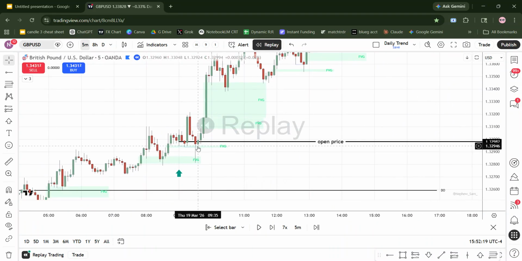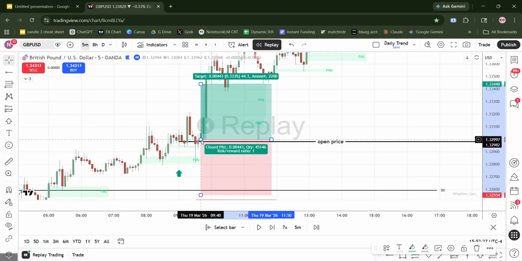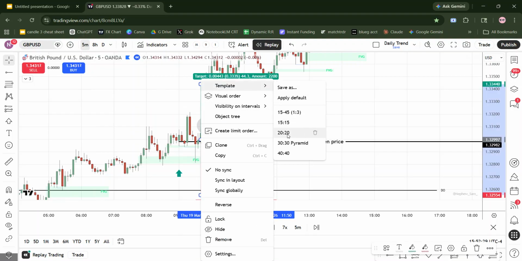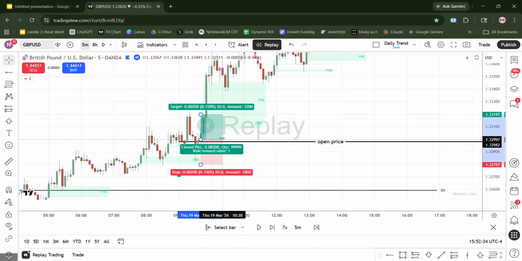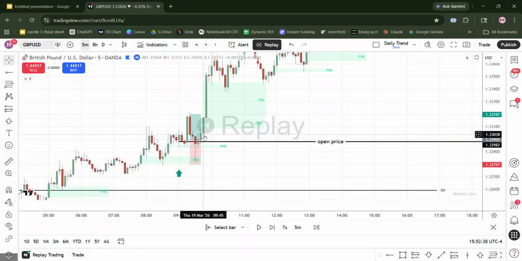So you could enter off of this fair value gap. Let's just say right here at 940. That looks good. We go ahead and take that at 940 because it tapped the gap. All right. So again, we were doing 20 pip stop loss. And then if we notice, the next candle at 945 closes above where we entered.